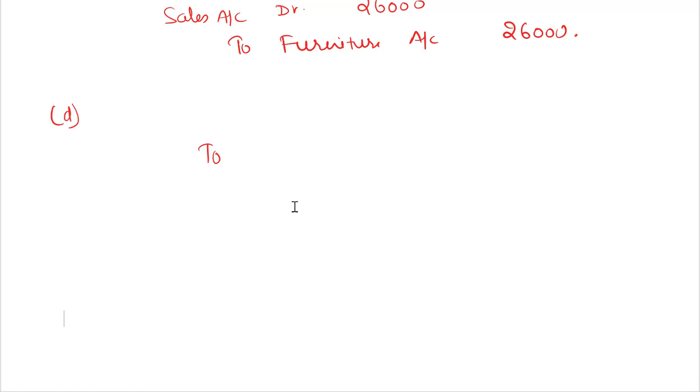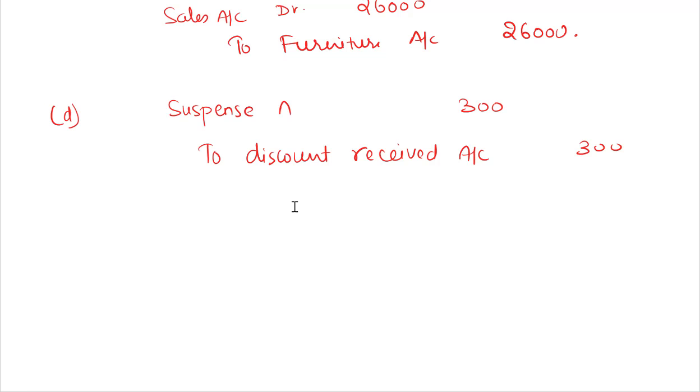It is quite simple. To discount received account 300, and in the debit side this would be nothing but suspense account. Is it okay till here?